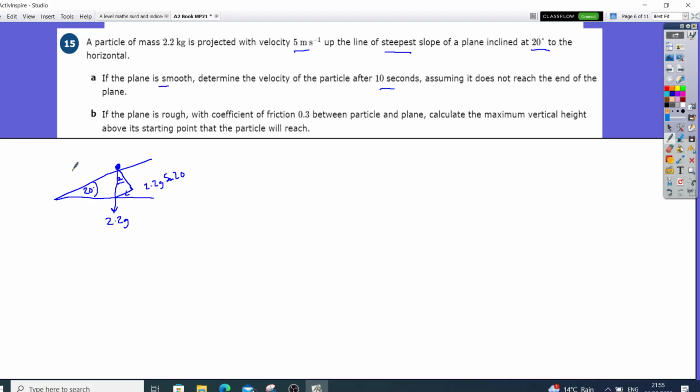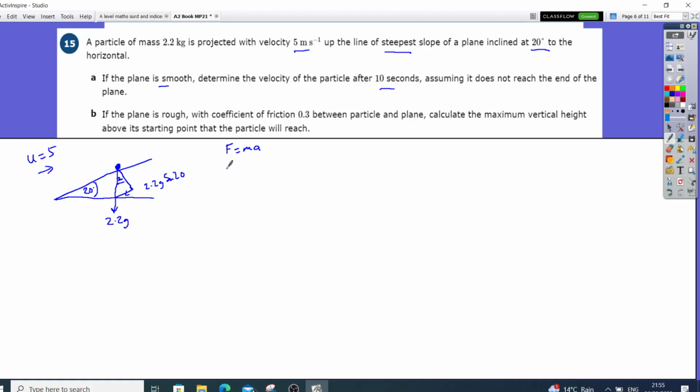So okay, our first scenario is being projected at an initial velocity of 5 meters per second. If we use Newton's second law, force equals mass times acceleration, we're going to get a force coming down.